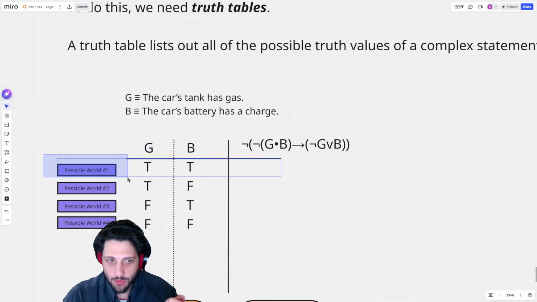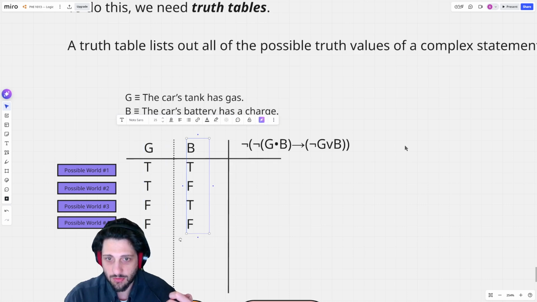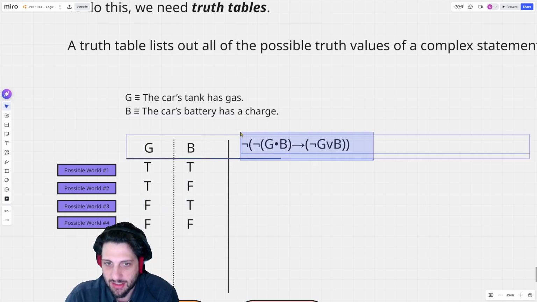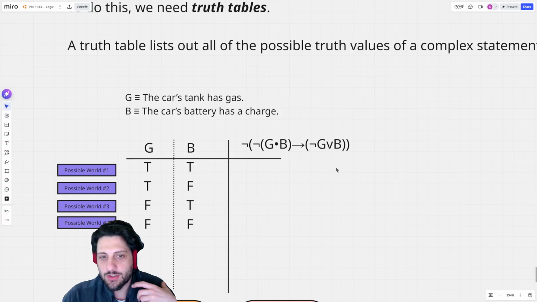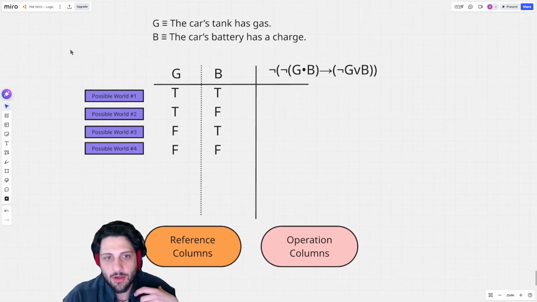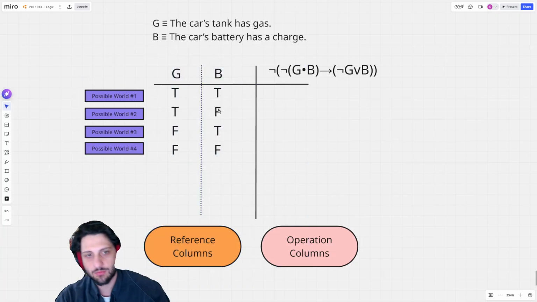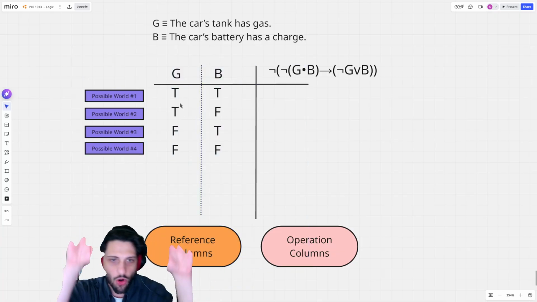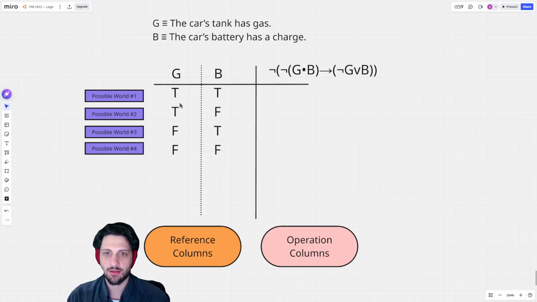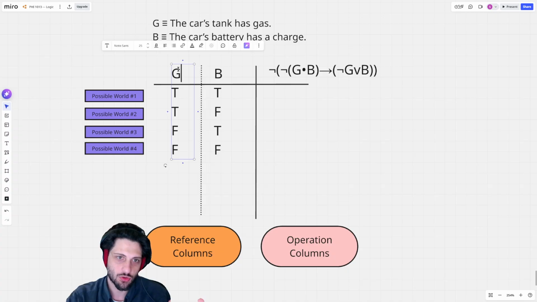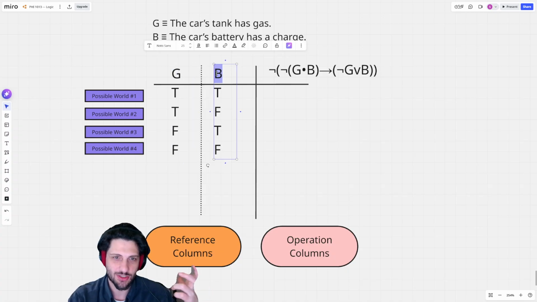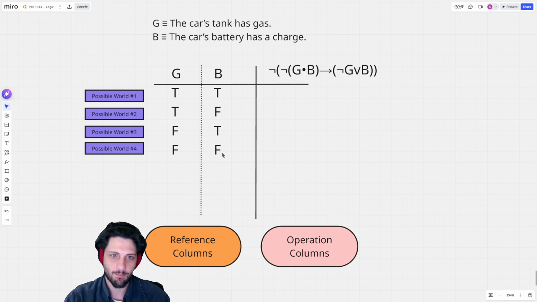So its truth value in possible world 1 is going to be based on the fact that G is true and B is true, because it's just a statement about G and B. So as we go through here, we're going to think about this left side as our reference, where we start off by laying out what are all the possible values of G and B. That's phase 1 of doing a truth table: putting your two, or however many atomic statements you have, on the left side, and then listing out all of the combinations, right?